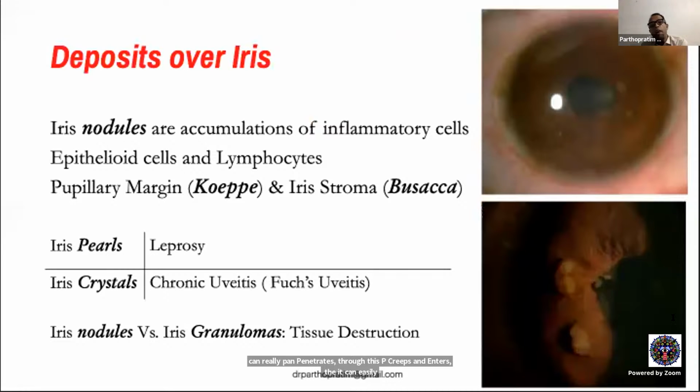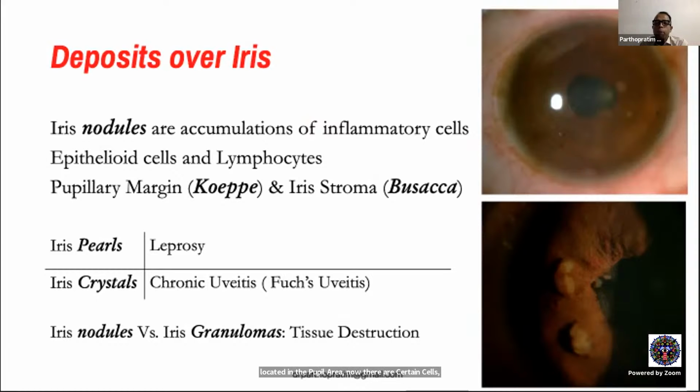Now, a few things you have to know when you will be examining a uveitis patient: the iris nodules. These iris nodules are the accumulation of various inflammatory cells. These iris nodules can involve the iris stroma and are called Busacca nodules. The Koeppe nodules are located at the pupillary margin. Now, there are certain cells like iris pearls.